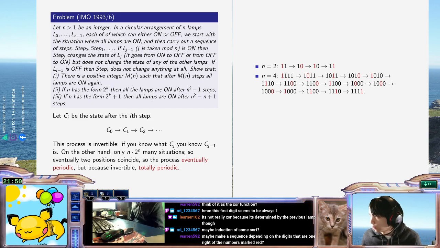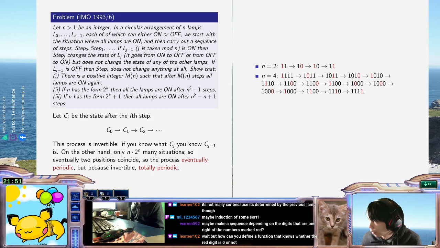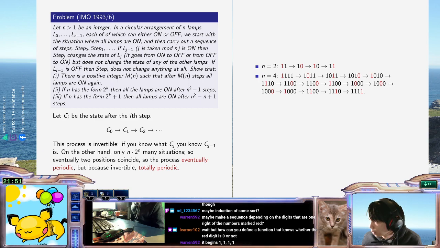I would also that are one right of the numbers marked already. I would like to compose some of these.